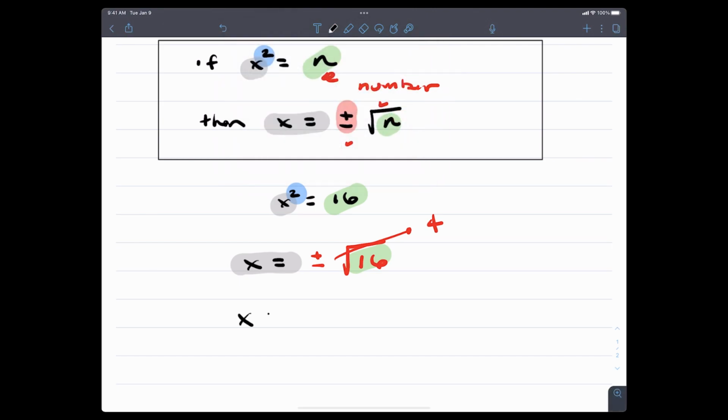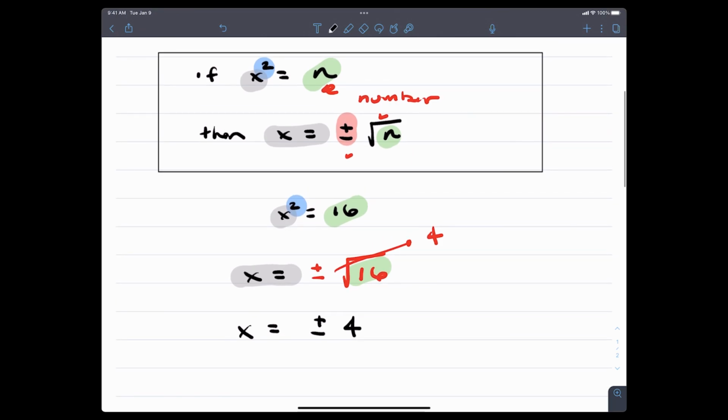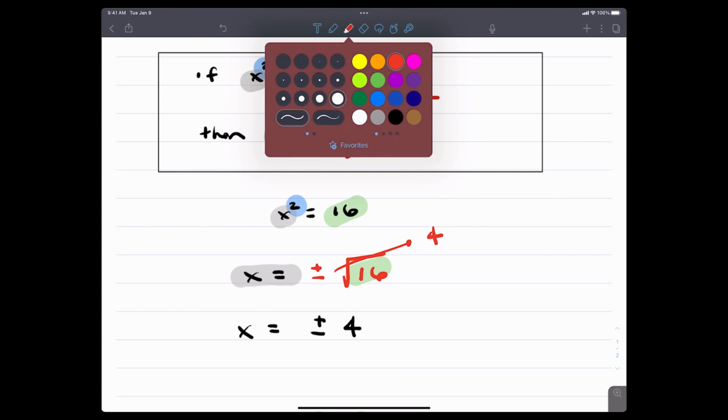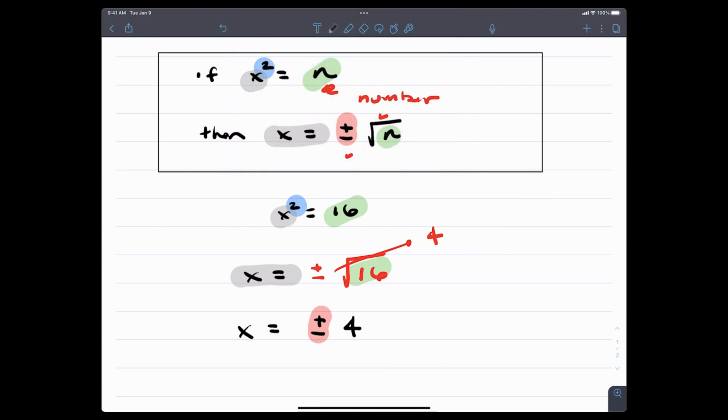So x is going to equal plus or minus the square root of 16, which you told me is 4. You guys okay with that? We have to know what this means, plus or minus.